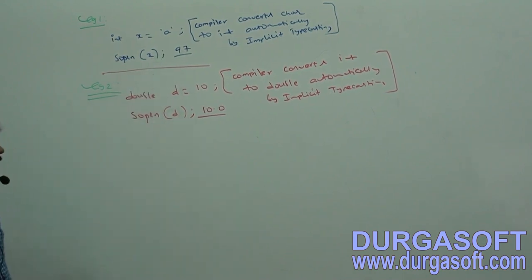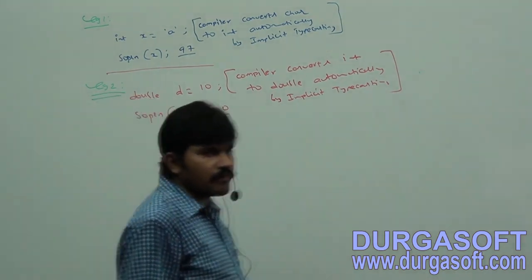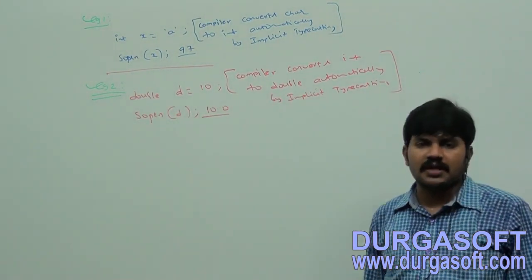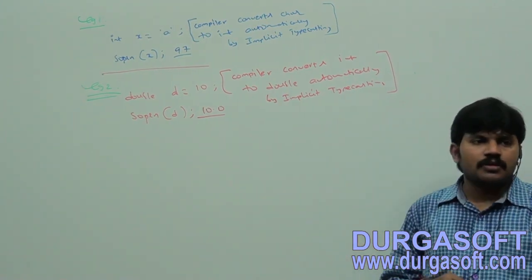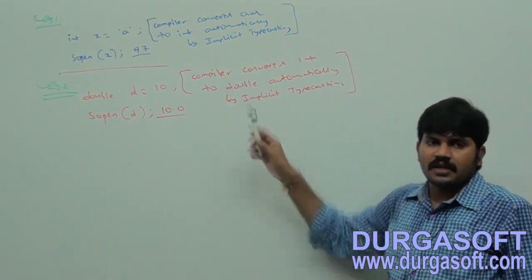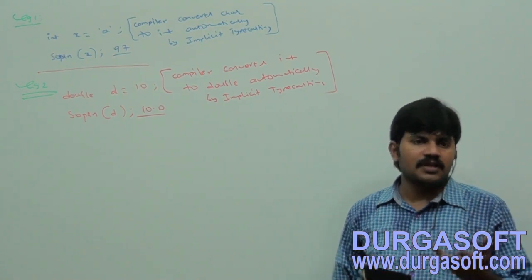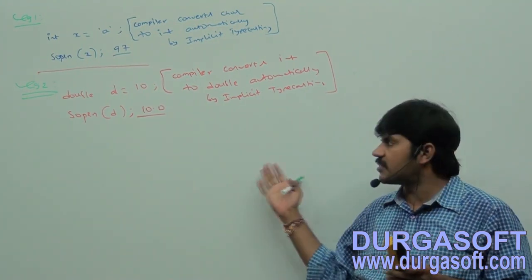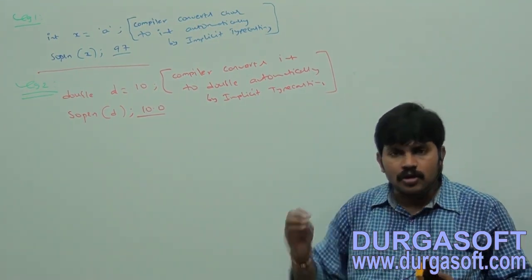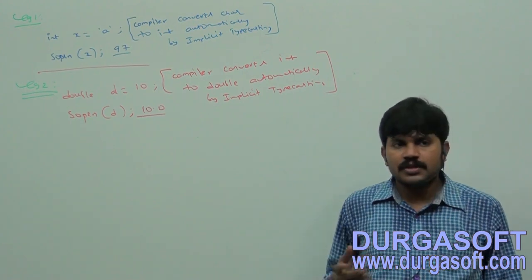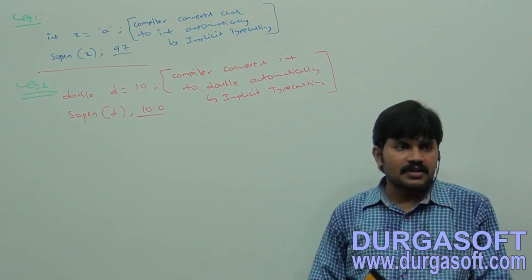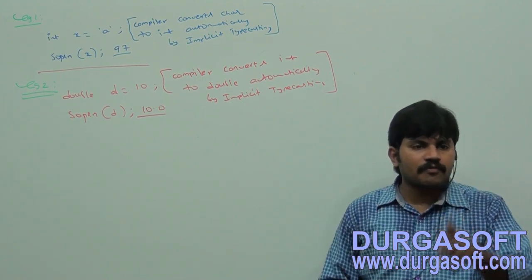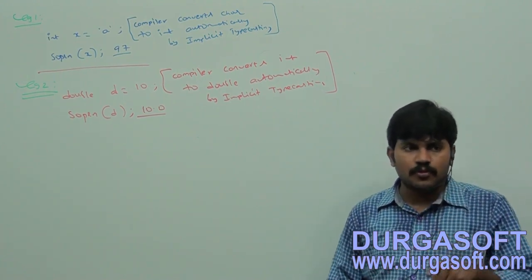So the typecasting which is performed internally by the compiler is nothing but what? Implicit typecasting, right? In this typecasting there is nothing more to discuss; these things happen automatically and internally. We are not responsible for this, but there is some typecasting which we require to perform explicitly as the programmer.